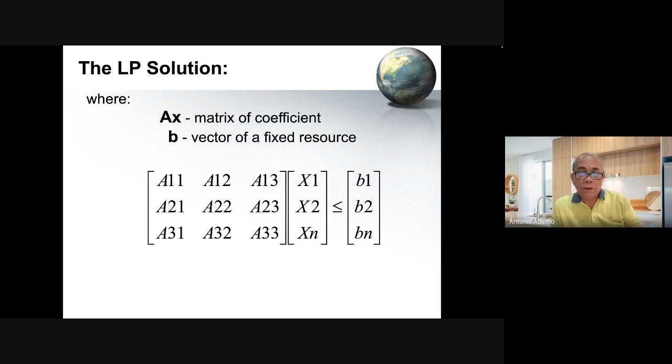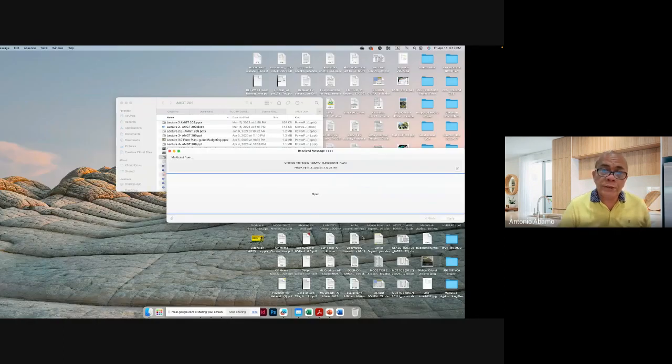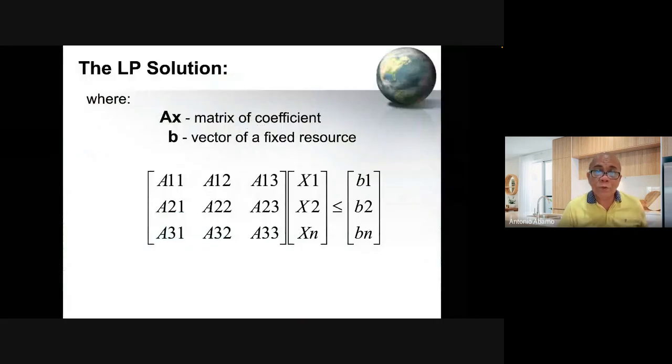Okay, so actually the program is written in a matrix notation inside the program, but when the matrix expands to so many variables, maybe 30 or 40 columns and rows, it will be very difficult to solve it manually. The quickest way is to compute it using the computer program. We have a specific computer program that we need to use.